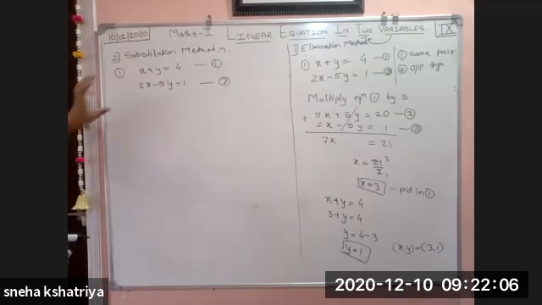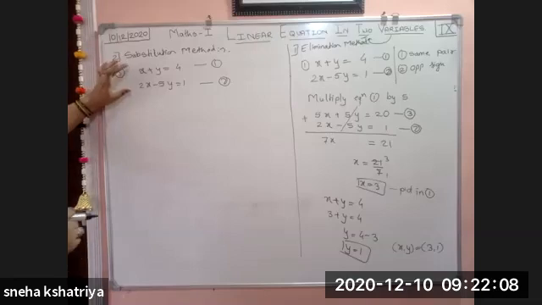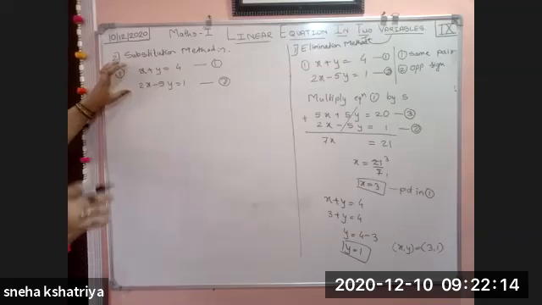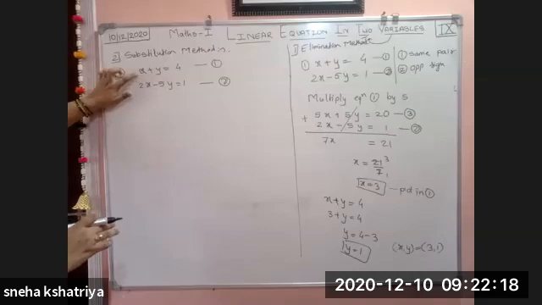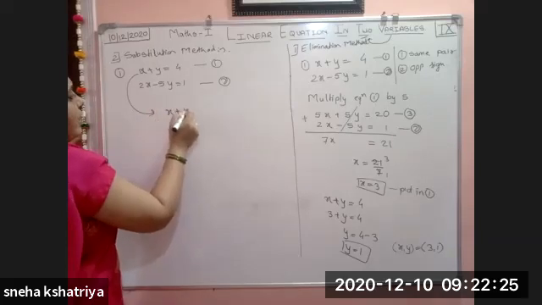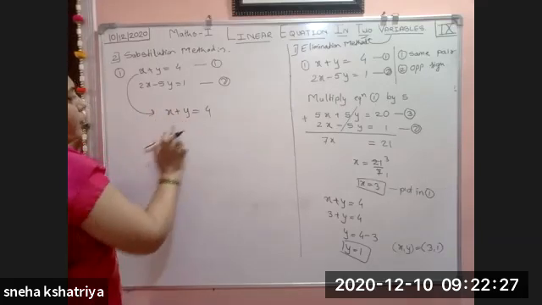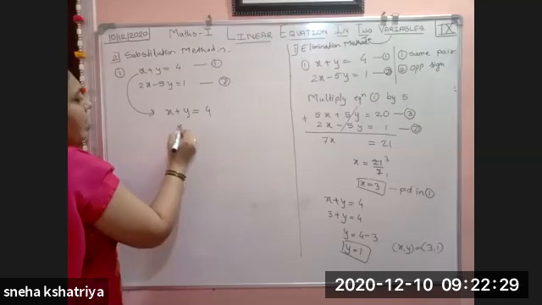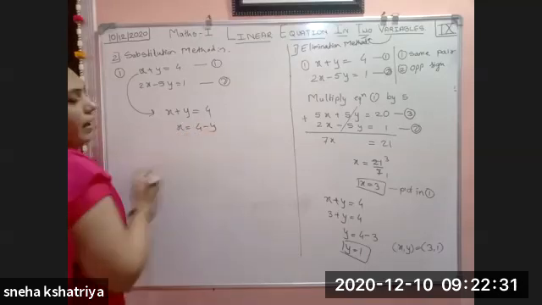Now, if such kinds of examples are there, then you have to find out the value of x or y, whatever you like, but whichever is the easiest. See here, from the first equation we can find the value of x. The first is x plus y is equal to 4. If we shift y there, x is equal to 4 minus y.